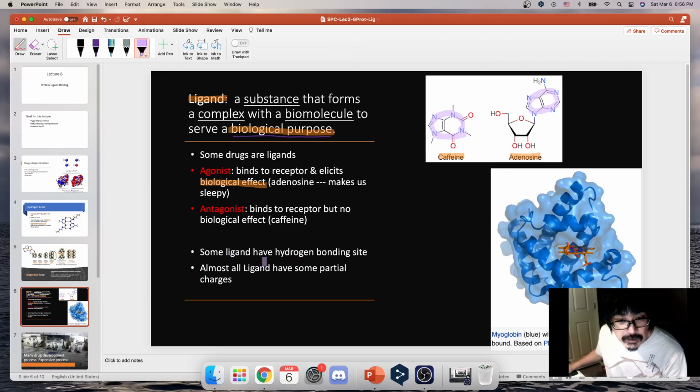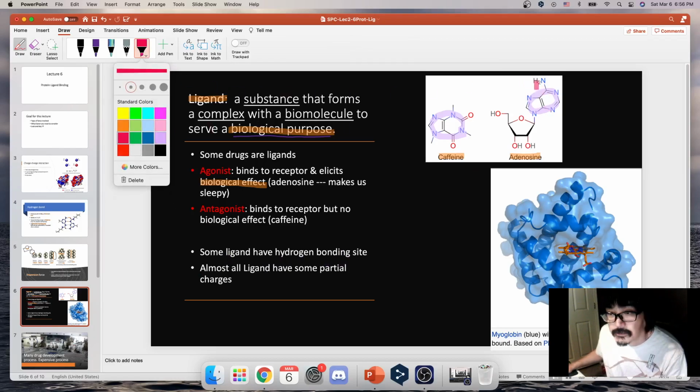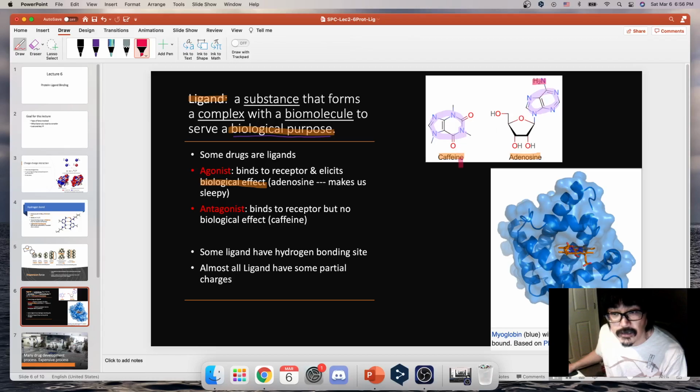And some ligands have a hydrogen binding site. For example, this one right here actually has a hydrogen binding site, right? And this one probably doesn't. So it depends on the ligand. Some can form hydrogen bonds, some don't.